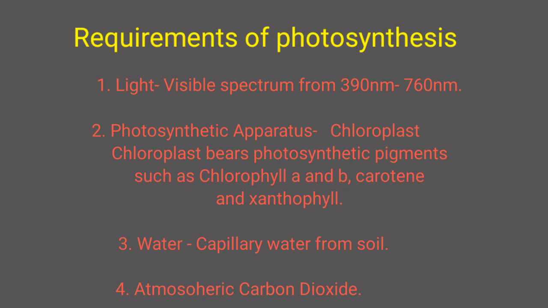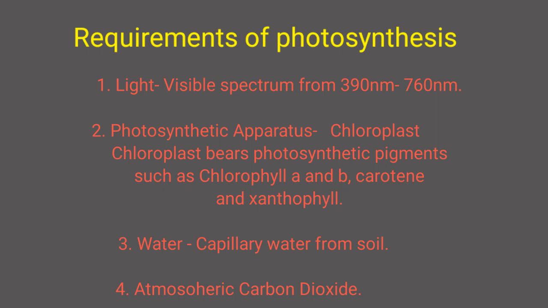In higher plants, there are 4 types of chloroplast pigments: chlorophyll A, chlorophyll B, carotene, and xanthophyll. So these are the 4 pigments found in the chloroplast of higher plants. And carotene and xanthophyll together are called carotenoids.